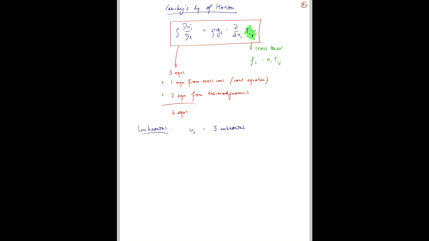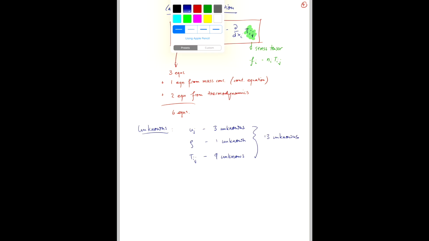That's typically what we want to solve for, right? The density is 1 unknown. And the stress field is also potentially unknown. And since that is a second order tensor, that represents up to 9 unknowns. So if we count that, we have 13 unknowns, but only 6 equations.